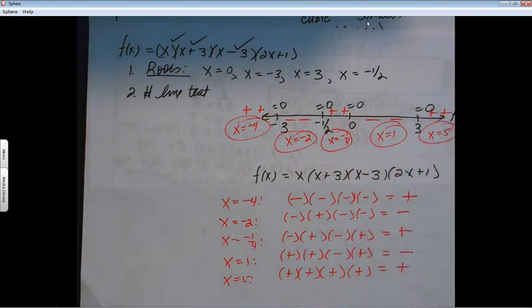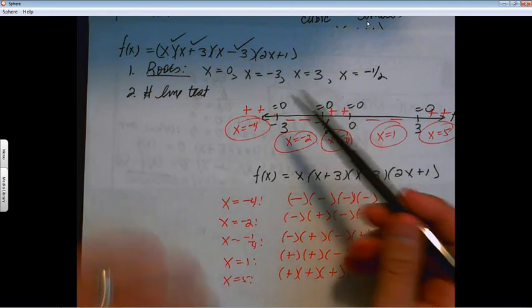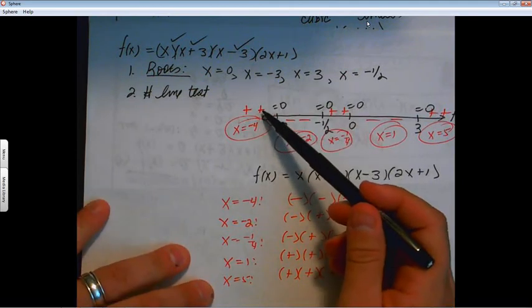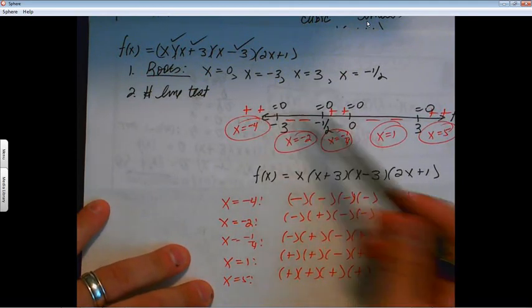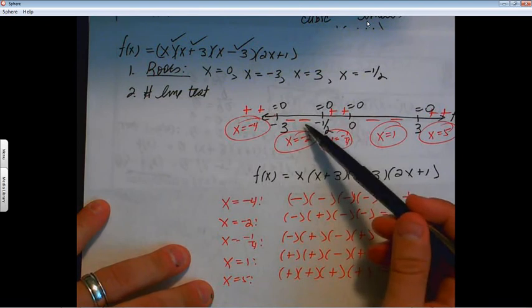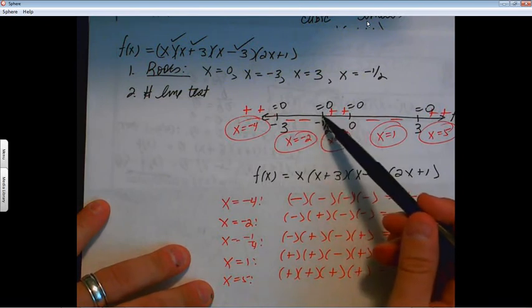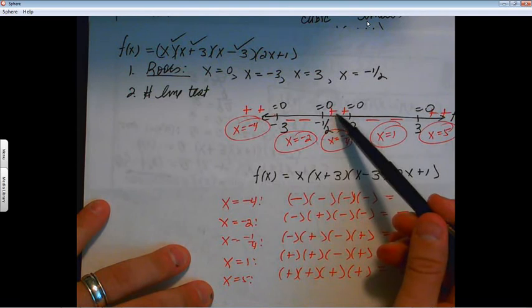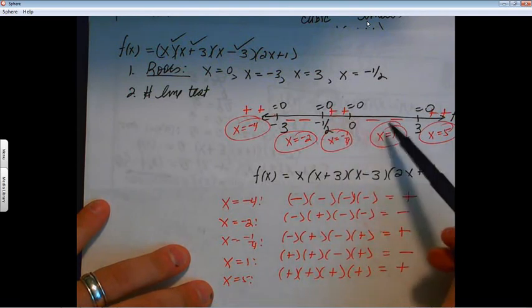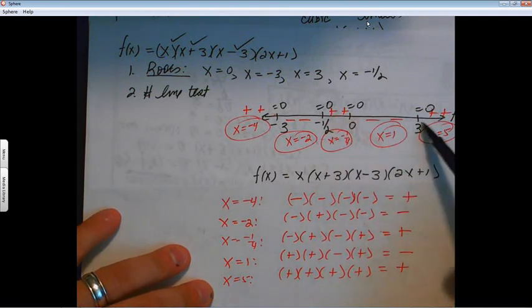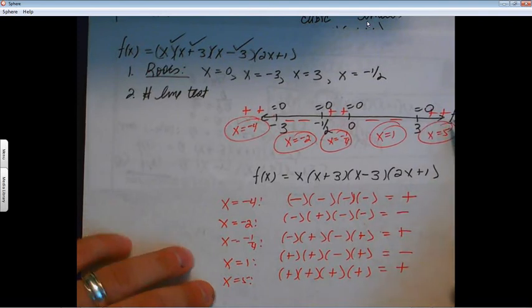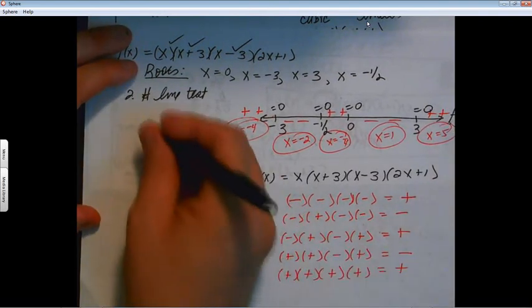Now we try x equals 1. We can do that one pretty quickly. Positive, positive, negative, positive. Positive times positive times negative is negative. Lastly, x equals 5. Scoot that up. Plug it in. Positive, positive, positive, positive.